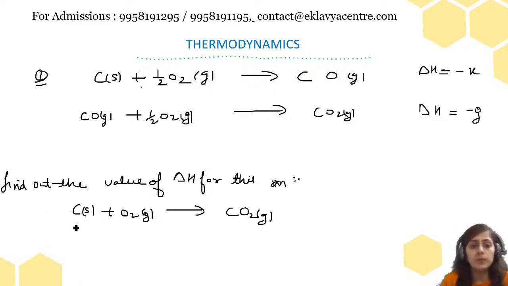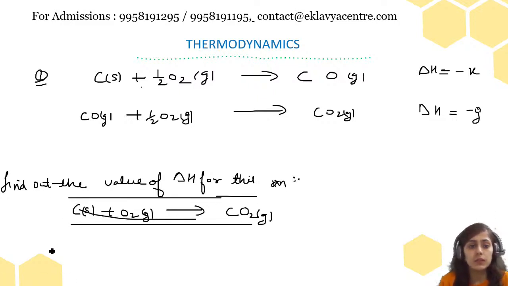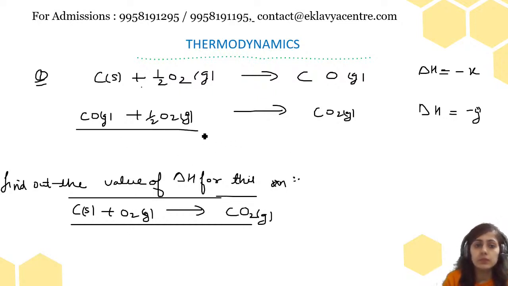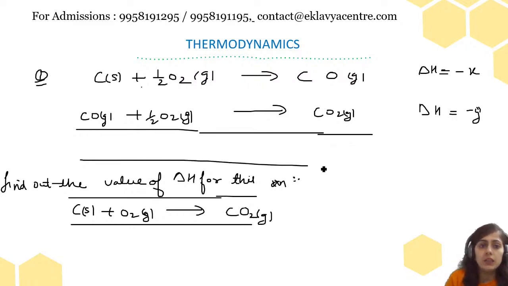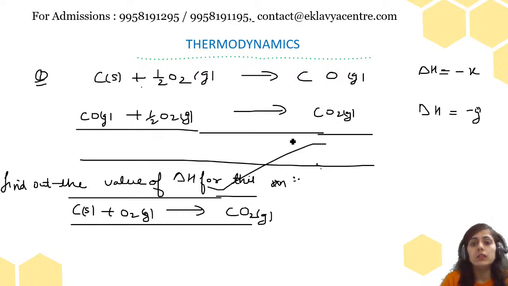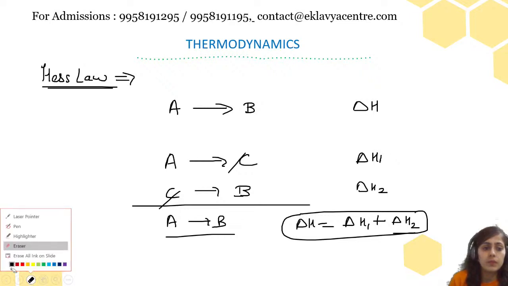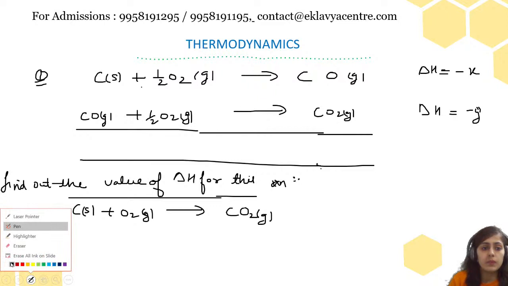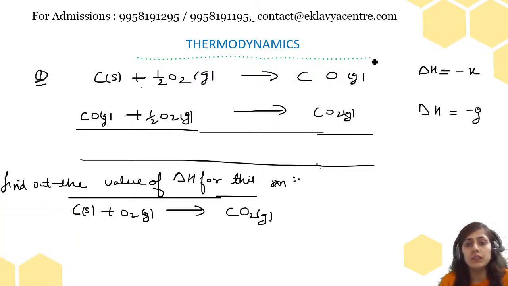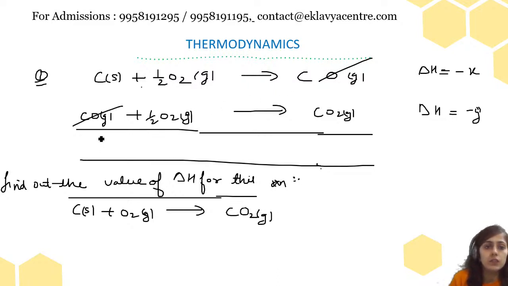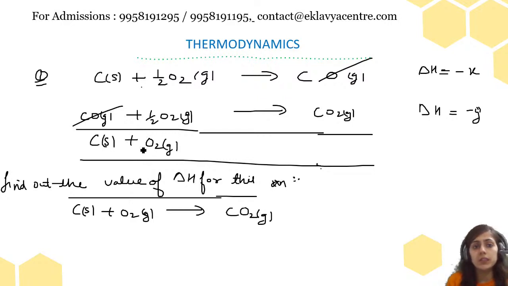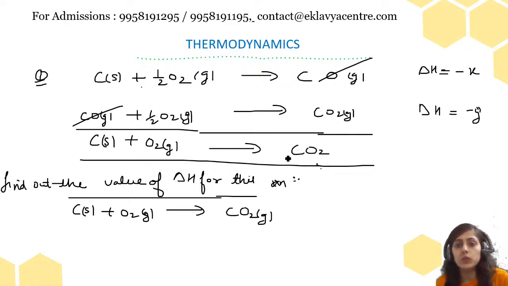CO2 gas. So what you can do is, if we simply add equation 1 and 2, simply add these equations, the CO and CO will get eliminated, and we will get carbon solid plus oxygen gas will give you CO2 gas.